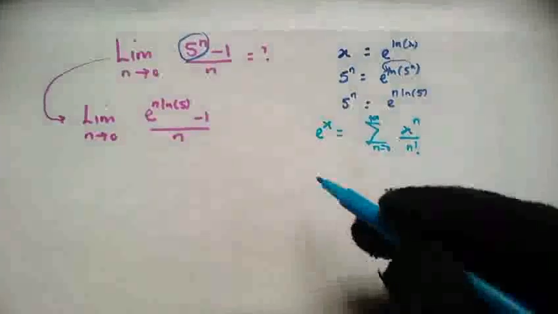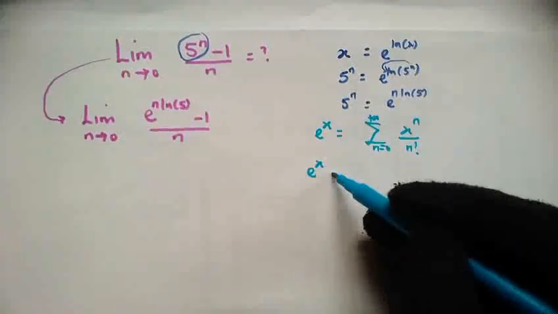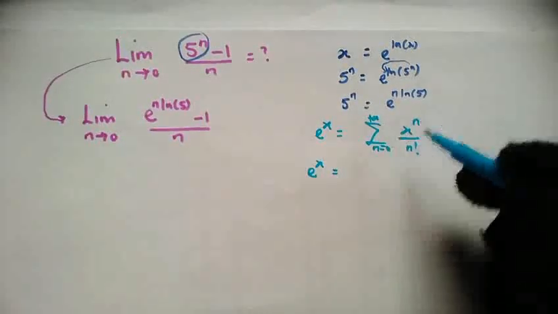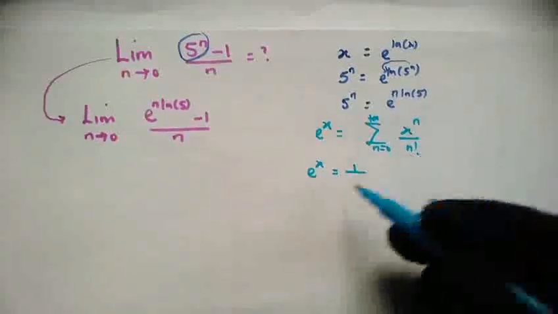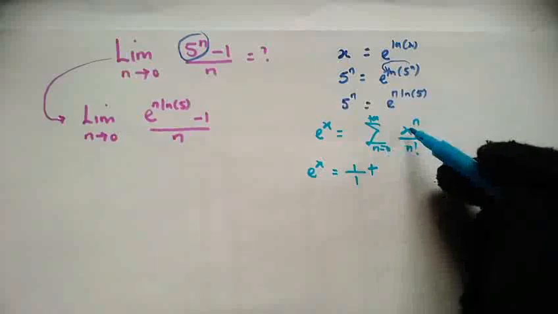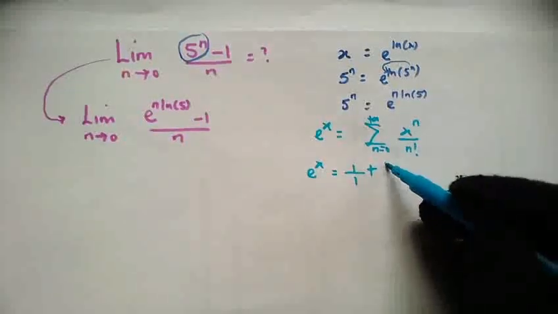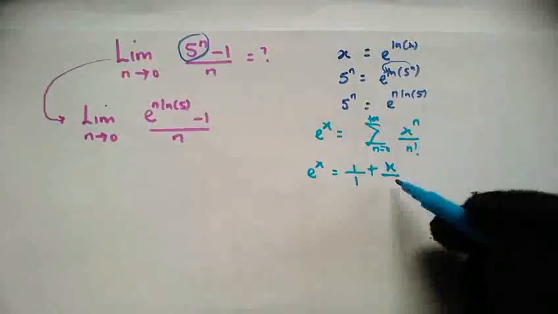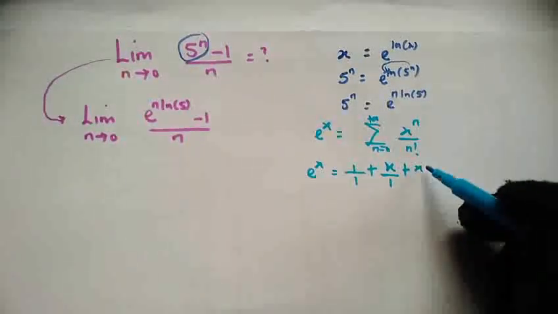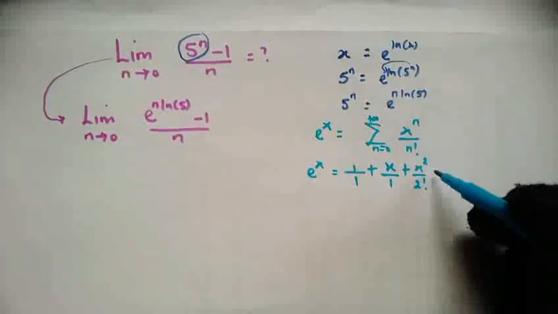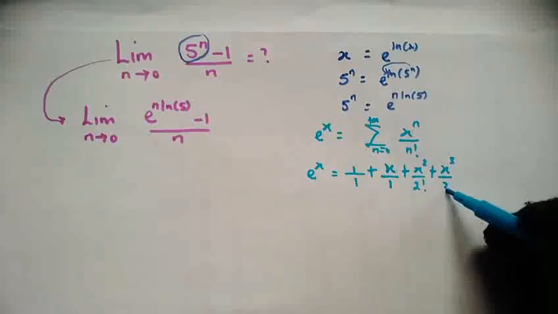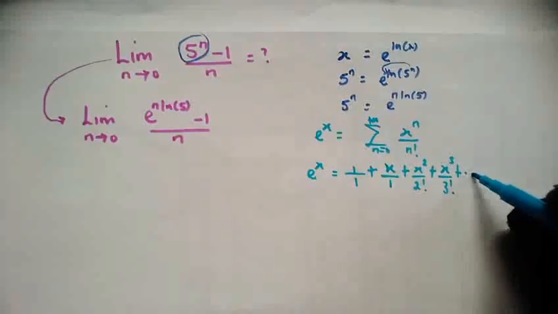Expanding this, when n is 0, x^0 over 0 factorial is 1; plus when n is 1, x over 1 factorial is x; plus when n is 2, x^2 over 2 factorial; plus when n is 3, x^3 over 3 factorial; plus and so on.